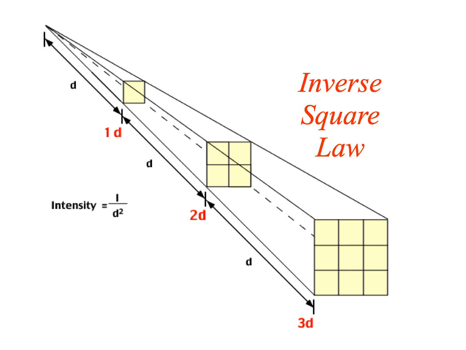Now, if we went to distance 4, 4 squared is 16. The intensity of the radiation there would be 1/16 of what it was at distance 1, and it would be covering 16 squares. If we went to distance 5, 5 squared is 25, so now it's spread over 25 squares, 5 by 5, and the intensity of the radiation is now 1/25.